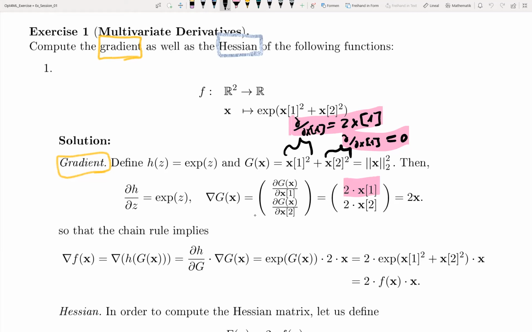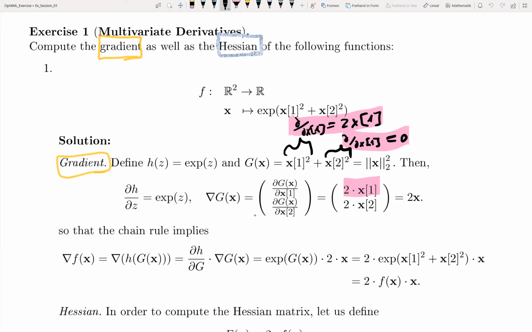If you consider the derivative with respect to x2, the second one is 2 times x2. Very similar argument. And what we get is the column vector 2 times x1, 2 times x2. We can write the 2 in front of the vector. So what we have is 2 times (x1, x2), which is x itself.